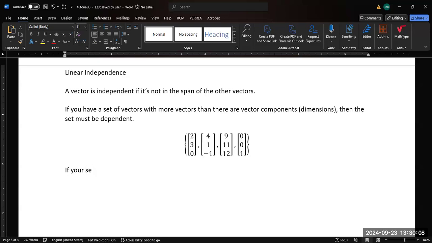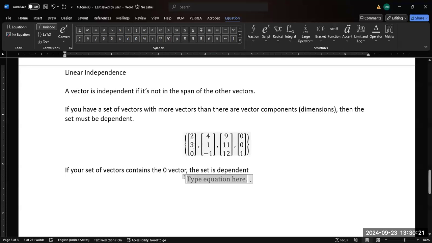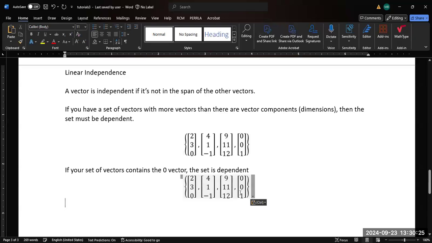If your set of vectors contains the 0 vector, the set is dependent because there is more than one linear combination. And it doesn't matter how many vectors there are.